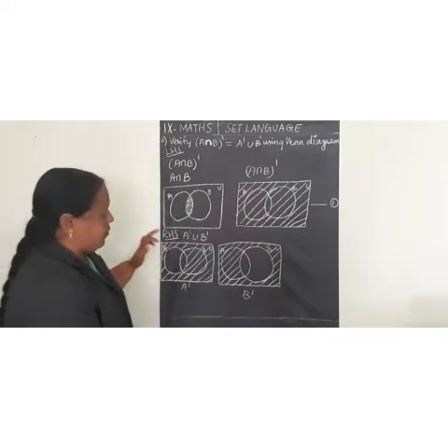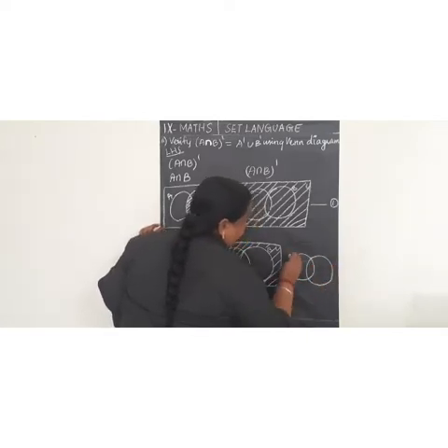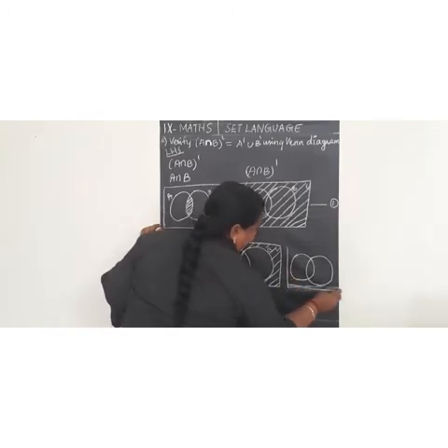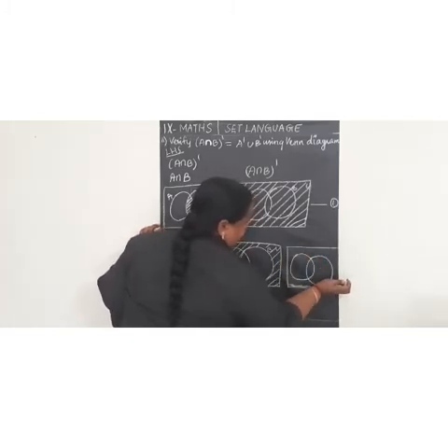Next we have to find A dash union B dash. Set A, set B, universal set.